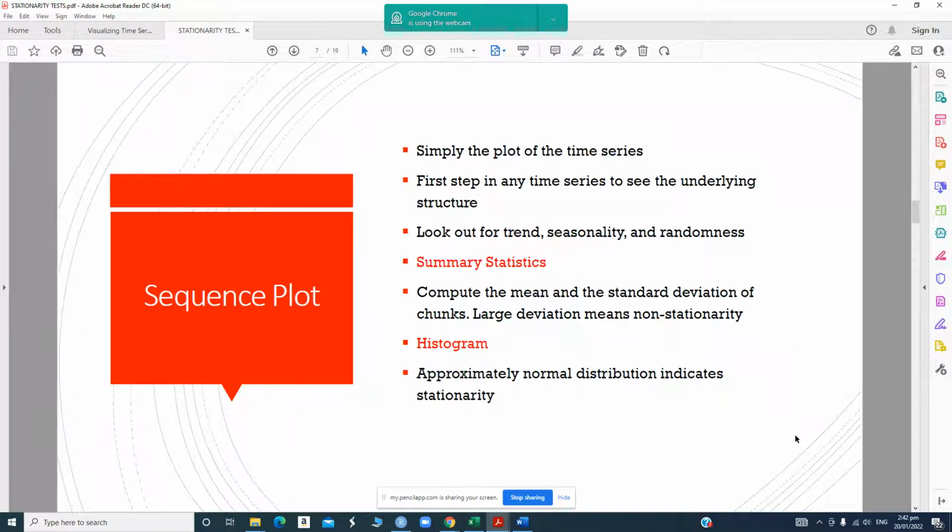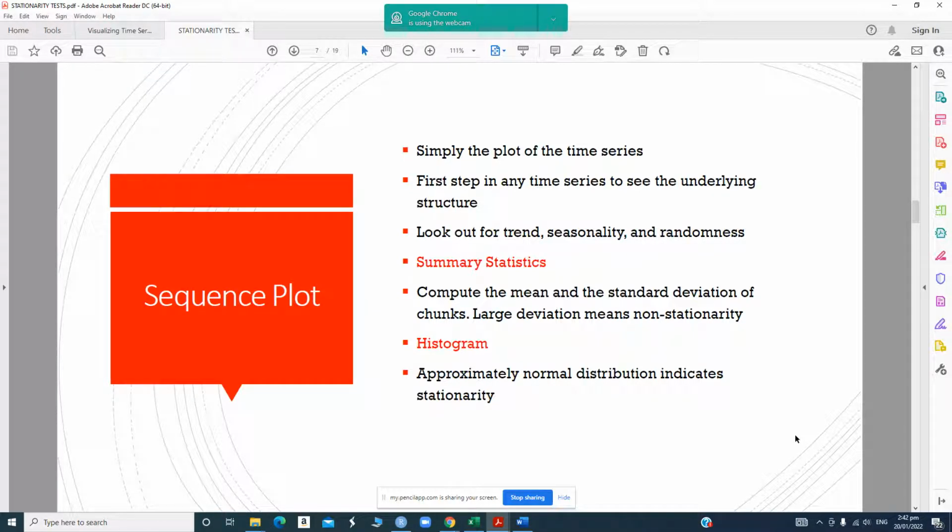With respect to sequence plot, this is simply the plot of the time series. It's always the first step in any time series analysis to see the underlying structure. And this is the essence of trying to decompose our time series so that we check for trend, we check for seasonality and randomness, just as we have done.